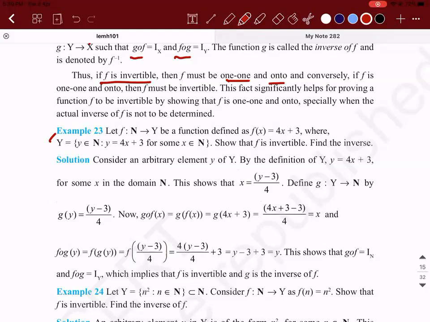So for you to prove that it is invertible, the first thing is you need to show that it is 1 to 1 and onto. Do it fast.